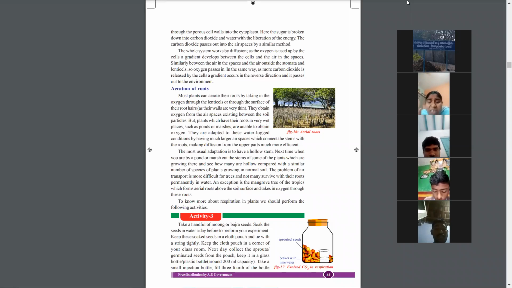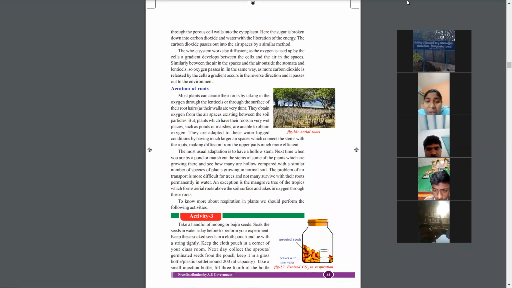If you want to see that kind of plants, they usually live in pond areas or marshy areas. These plants are very close to the pond or marsh.